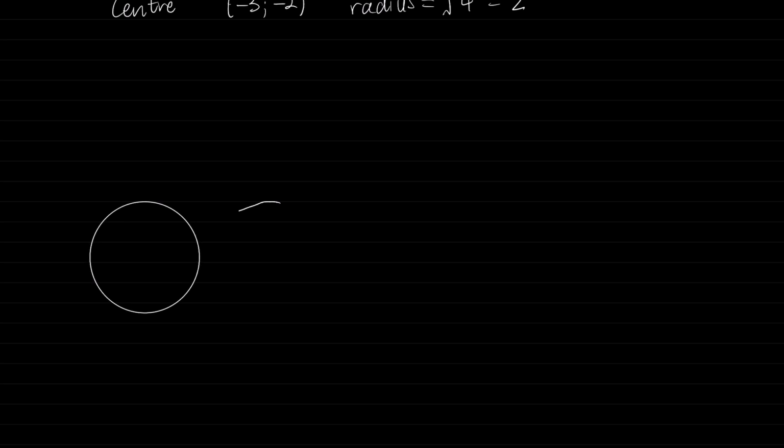And I have another circle like this. And now they're clearly touching at one point. So if I take the radius of the circle, let's call that r, and let's call the radius of this circle right here r prime.